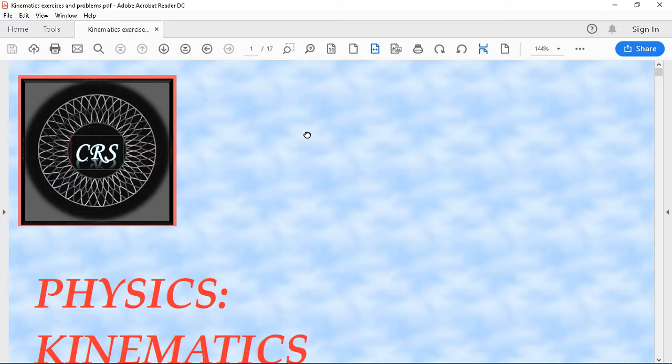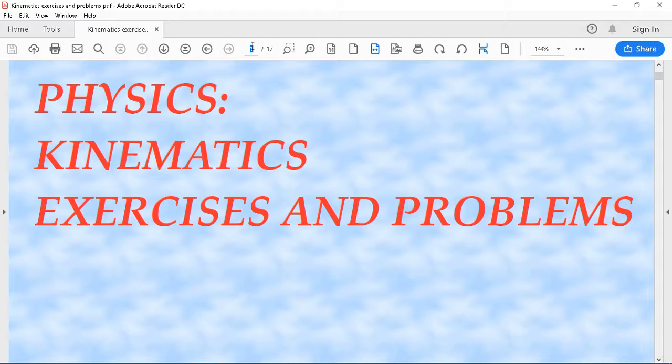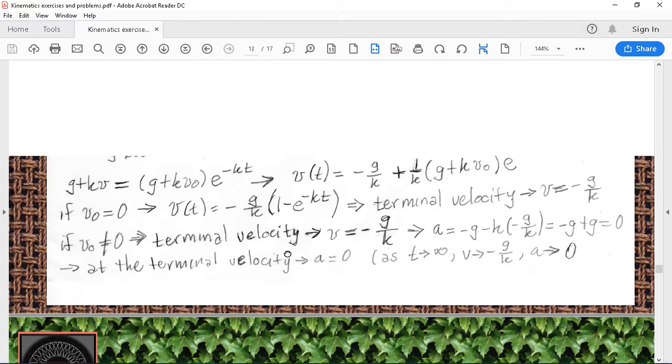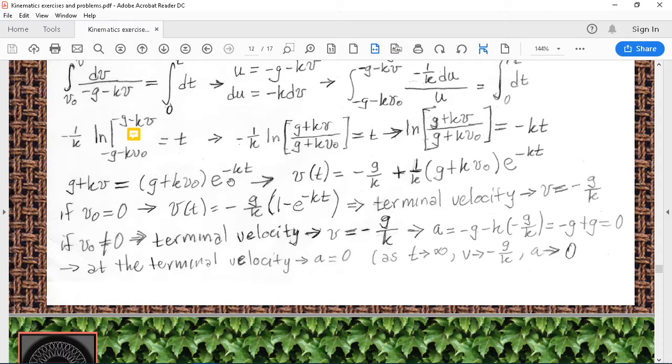I'm going to continue with physics problems and kinematics, and we're going to complete problem 10. Okay, we obtained the expressions for the velocity, these two, and the position, these two, for the falling body, taking into account the air resistance.